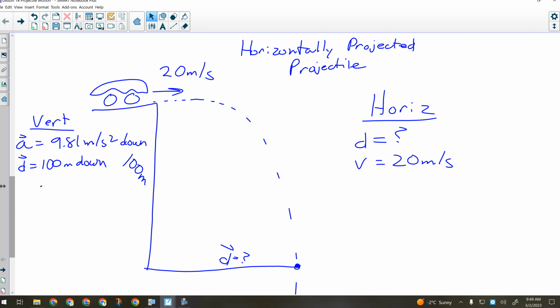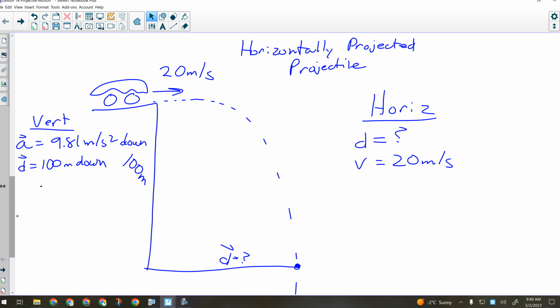And what else do I know vertically? I know one more thing. No, I don't know the final velocity, and we often want to say that, like, oh, final velocity is 0. Actually, that's an entirely separate acceleration, okay? It decelerating after hitting the ground is an entirely separate deal. Okay. What's the initial velocity? 20 meters per second.